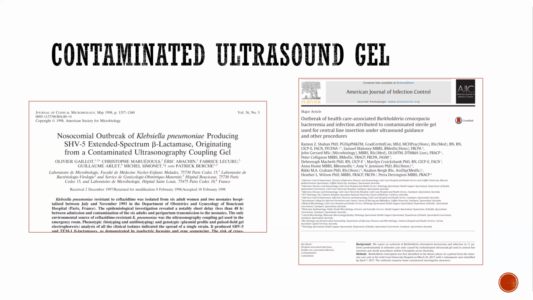There have definitely been articles reported in the literature about it, particularly with the sterile gel, so it's important to be aware of these things, especially in vulnerable populations. I think both of these studies were actually in intensive care units or neonatal areas where they were doing central lines.